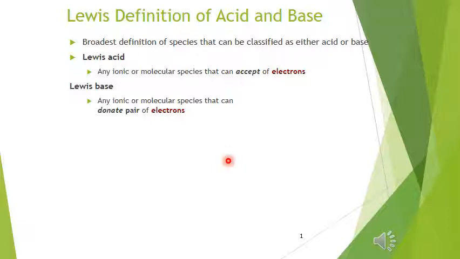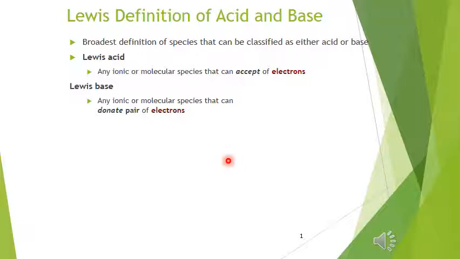In fact, it probably doesn't happen. When we say H+, when something loses a proton, what actually happens is the opposite: it's giving away an electron and the proton comes off.